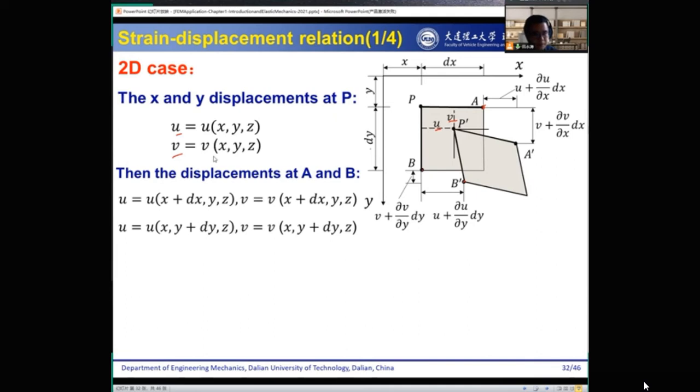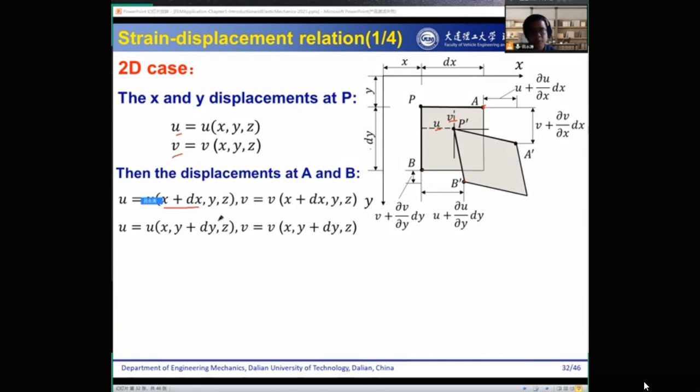So we said the displacement is a function of the coordinates. Which means if we want to know the displacement for A and B, we just put the coordinates into the function. So this is for point A. Point A has the x coordinate x plus dx.